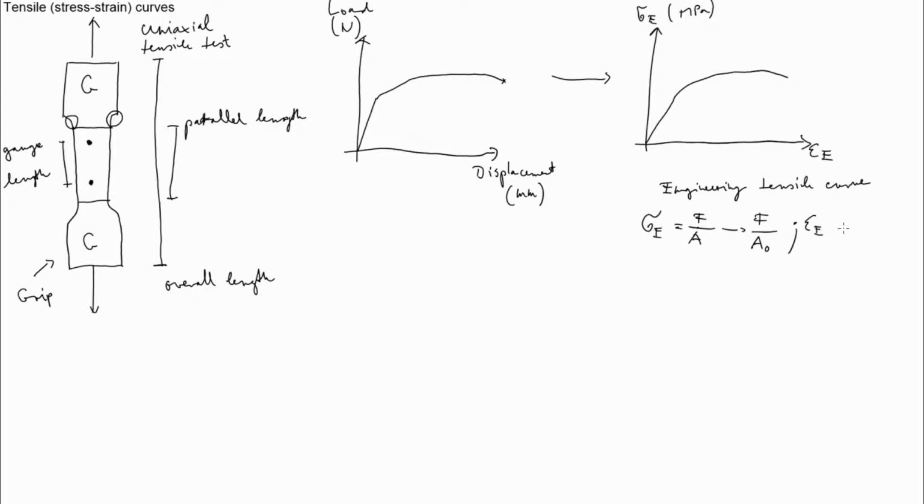That is also very simple. That is basically the change of the length divided by the initial length. And then this initial length, if you don't have an extensometer and you just rely on the displacement of your specimen, then you use the parallel length of your specimen.